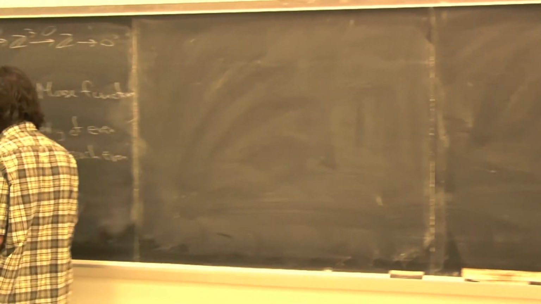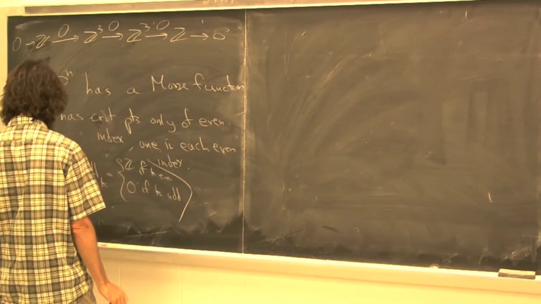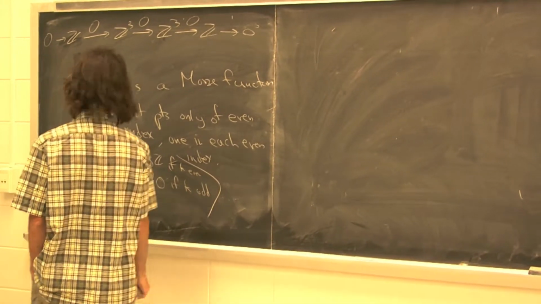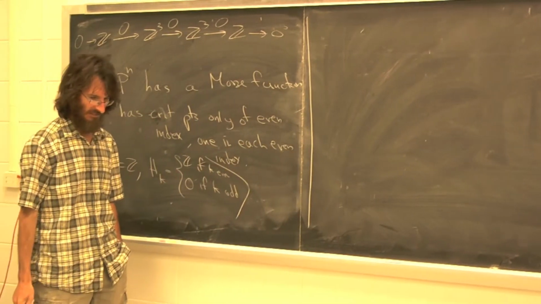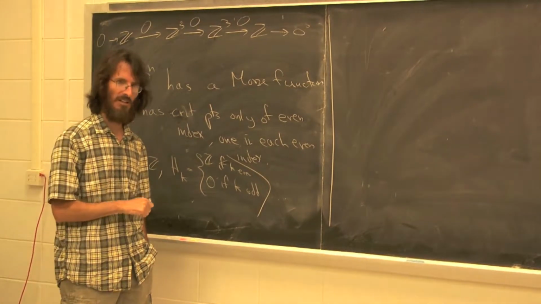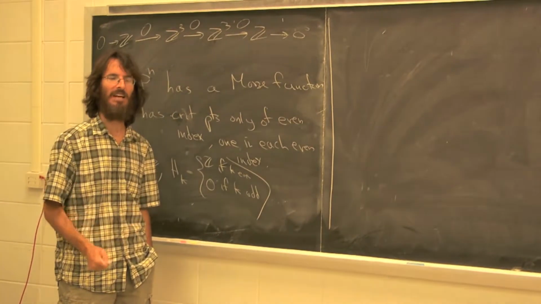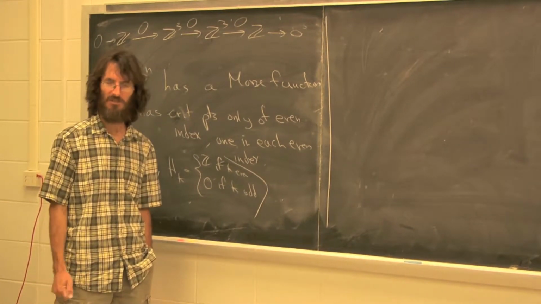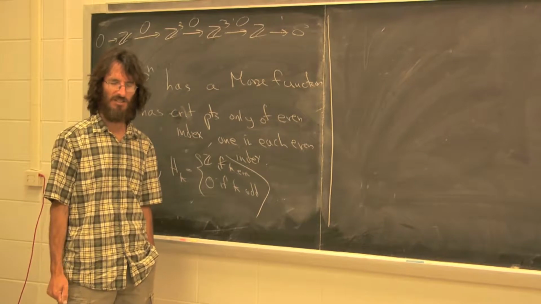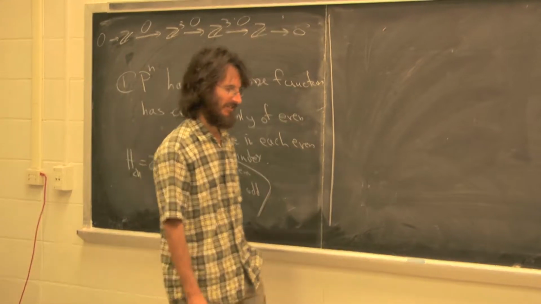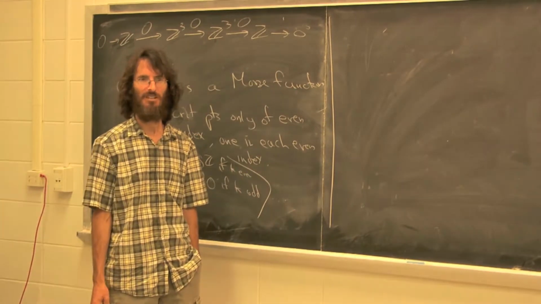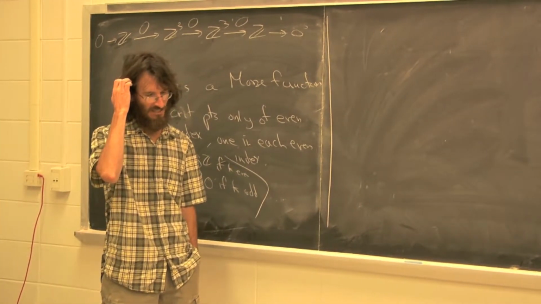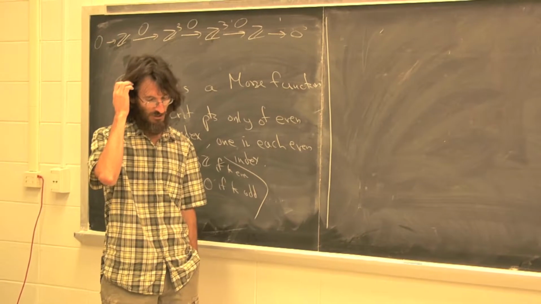Okay, so I want to start and next time finish the claim that this Morse homology, Morse complex, is the same as the CW, the cellular chain complex for a particular CW complex decomposition of the manifold. There's actually 2 things you can do.